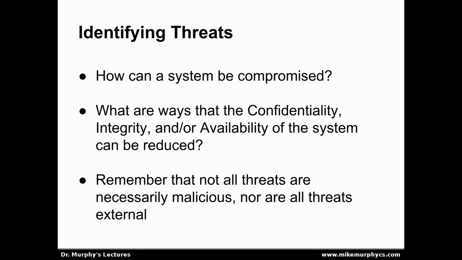It's possible to have an internal threat, and this could be a malicious internal threat, such as a corrupt employee, or it could be an accidental internal threat, such as a problem with a circuit breaker in the building. There's all kinds of different types of threats that have to be considered, and not all of them are necessarily malicious, not all of them are necessarily outside the company or outside the organization.